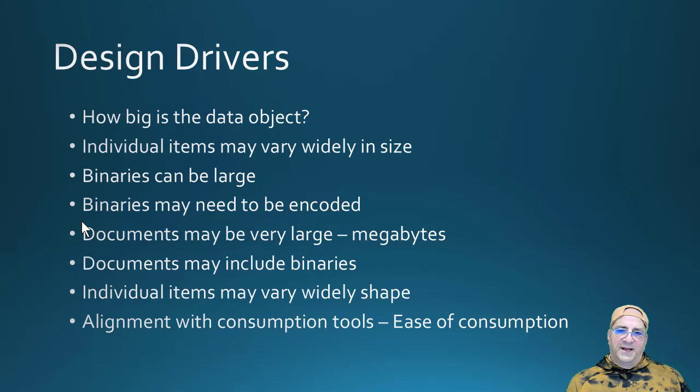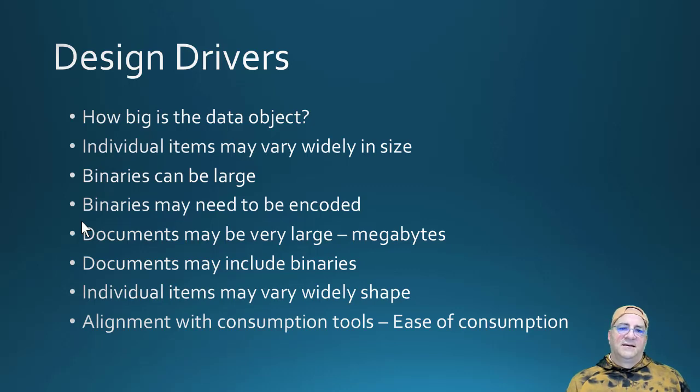And the individual items could vary widely in shape. You'll see this with documents sometimes. If I'm going to pick an insurance policy, the policy might be for one person and their jewelry, or it might be for 20 people in a fleet of vehicles and a bunch of other stuff, right? And so one of the things you've got to decide in the raw zone is how much you want to do this.